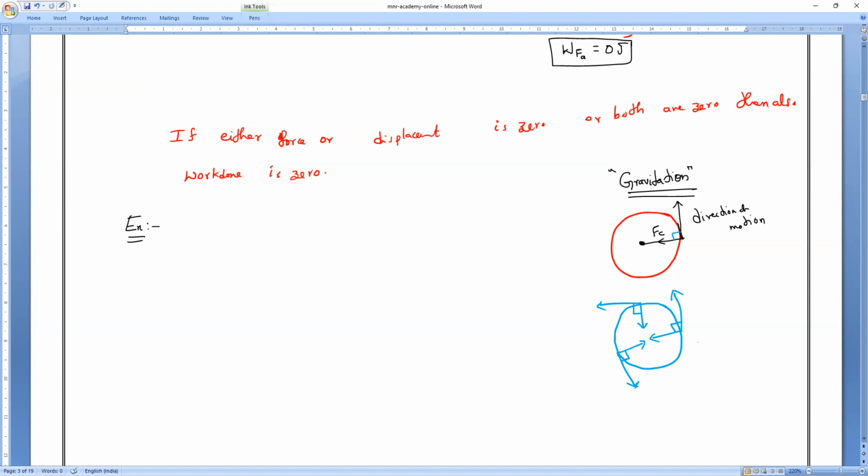So, the work done by the centripetal force is always 0. Why? The angle between them is 90 degrees. Remember, the centripetal force acts towards the center along the radius of the circular path.